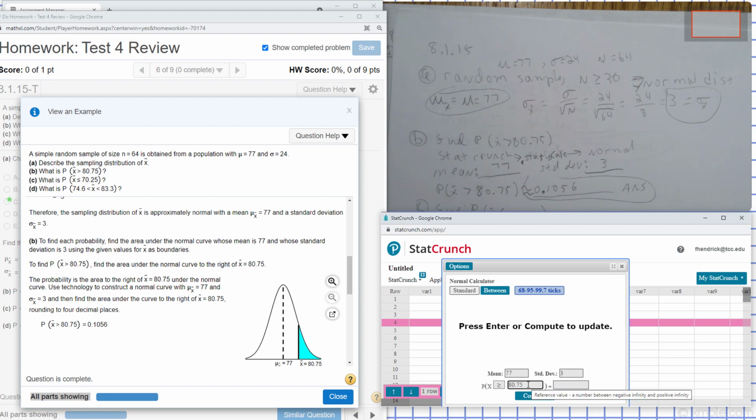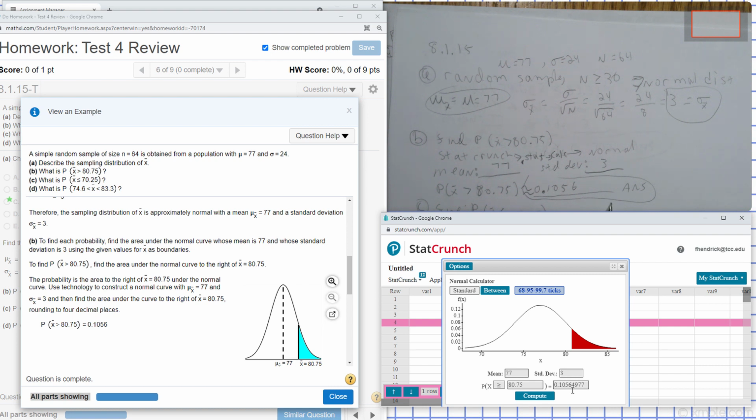And then we hit compute. We end up with a value there of 0.1056, and that's our answer for part B.